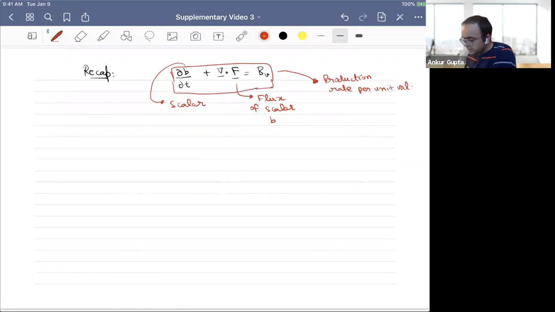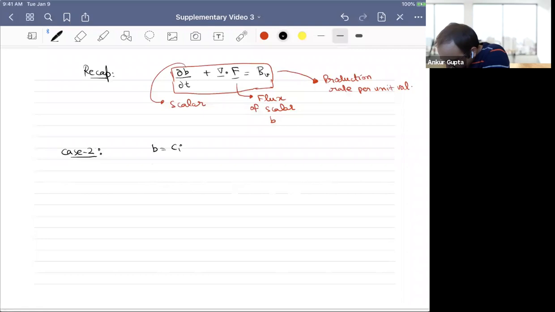a few cases. So I'll directly jump to case 2, which as you can check from your notes, is where B is equal to Ci, the concentration of the ith species. Flux is equal to Ci times velocity vector V, where V, just recall again, is the mass average velocity, and the flux is minus Di grad Ci.